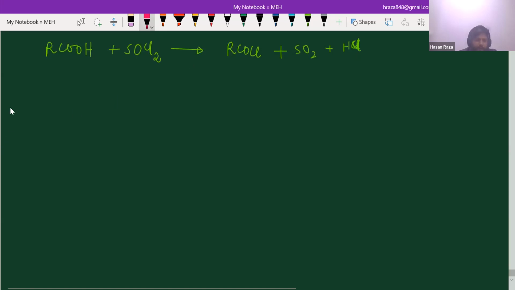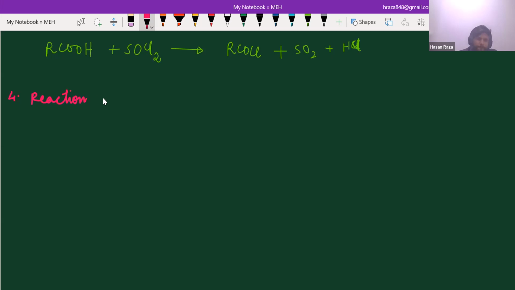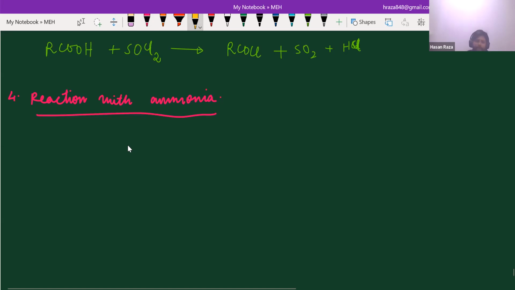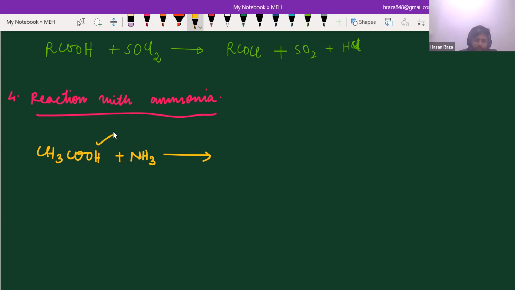Now the next chemical reaction is reaction with ammonia, NH3. NH3 is a base, as you know, and carboxylic acid is an acid. So if you react CH3COOH plus NH3, the acid will release H plus.